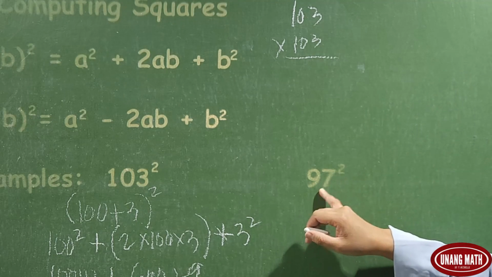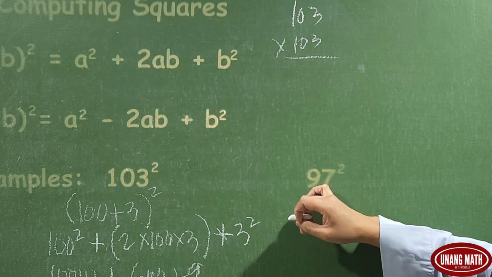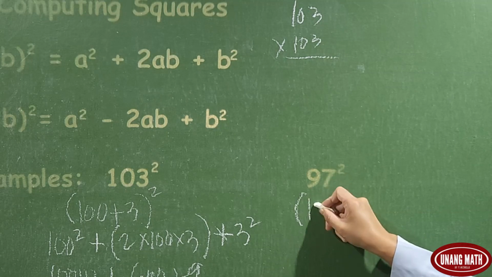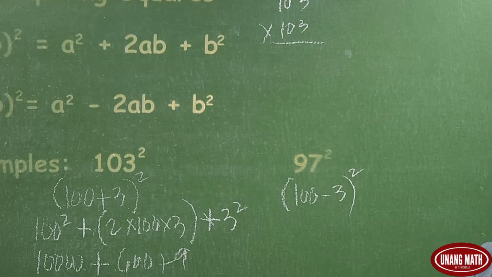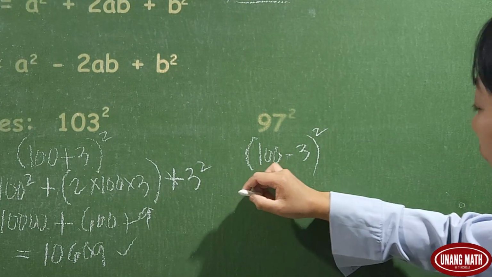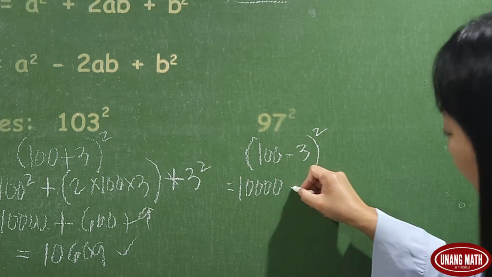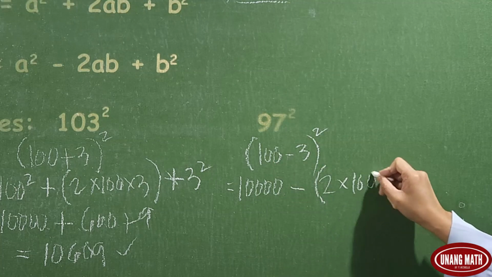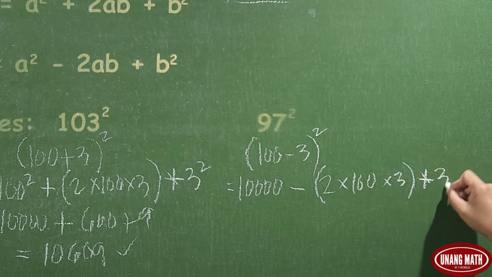Okay, what about for 97 squared? So this is another example. Using square of binomials, 97 can be written as 100 minus 3, and this is squared. Okay, now, 100 squared is 10,000, minus the product of 2 times 100 times 3, plus 3 squared.